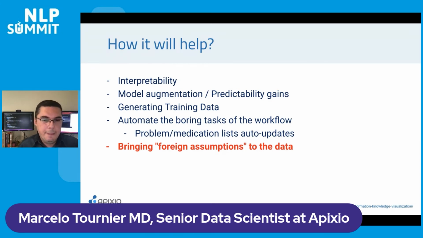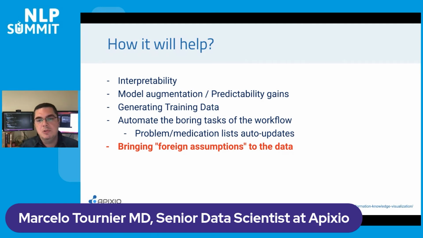And one of the most interesting things, in my opinion, is bringing the foreign assumptions to the data. And what are those foreign assumptions? Let's say that you have a mapping from a disease to another disease that's not related in the patient notes. So let's say that this patient has hypertension, and you have, for instance, as a foreign assumption, hypertension can map to a lot of other complications, even though these complications will not appear on the text.